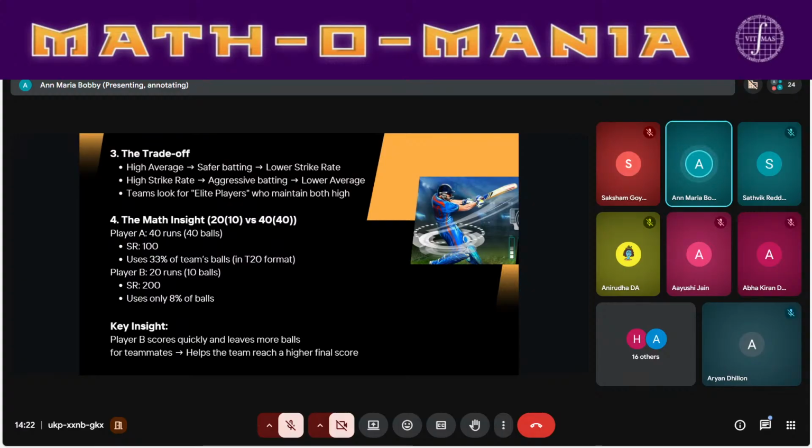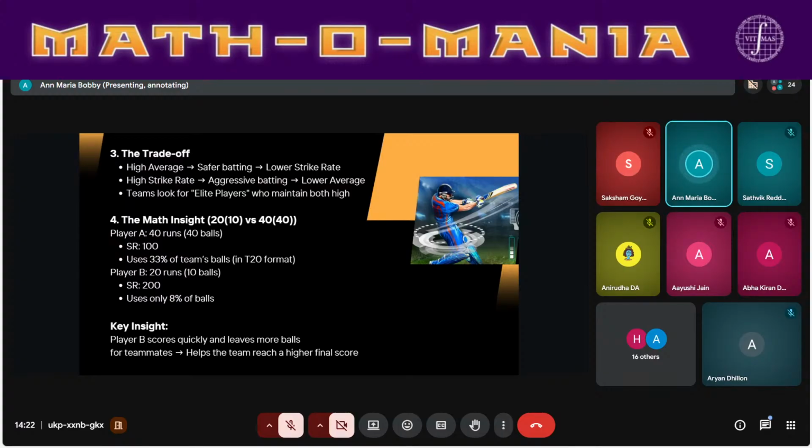So the math insight. Let's say player A has scored 40 runs in 40 balls. His strike rate will be, as we saw in the formula, 40 divided by 40 into 100. So it's 100. And he uses 33 percent of the team's balls in T20 format, because we have a total of 120 balls in T20.